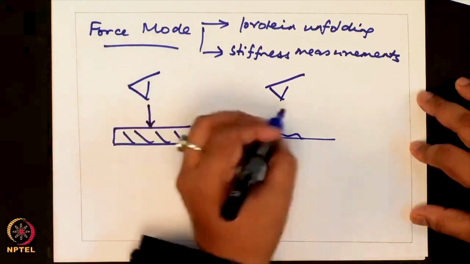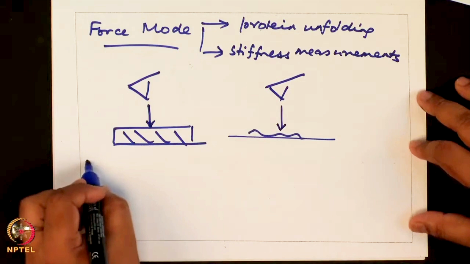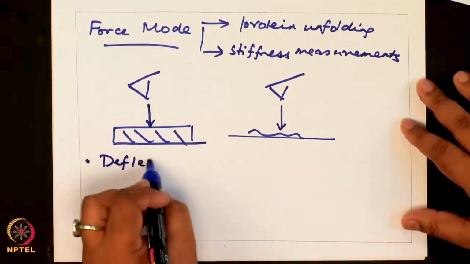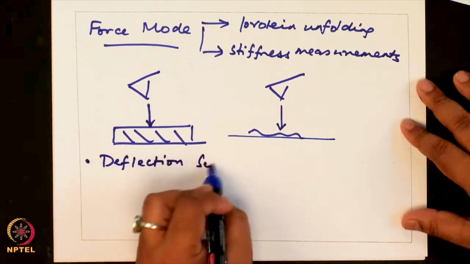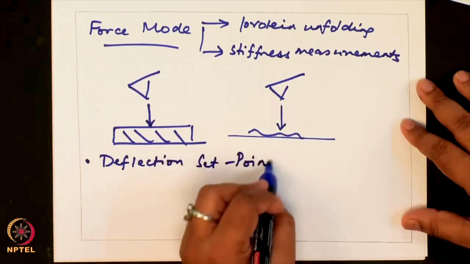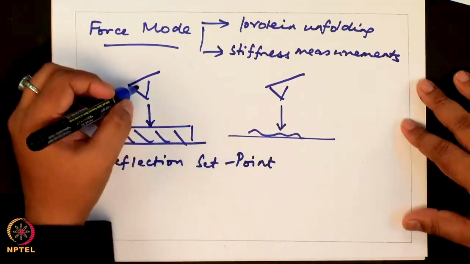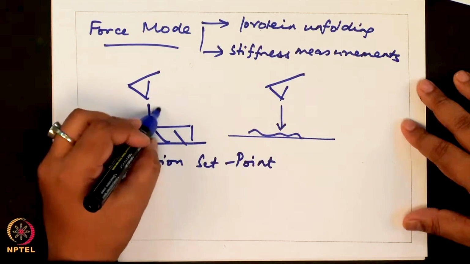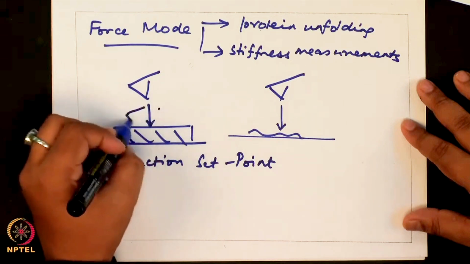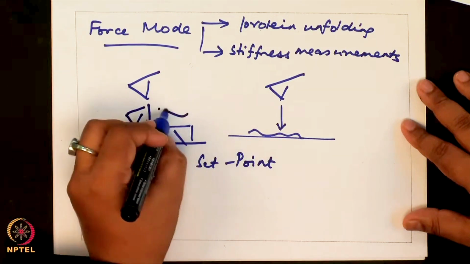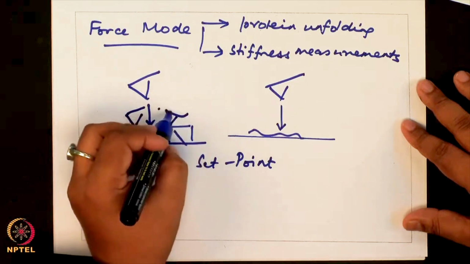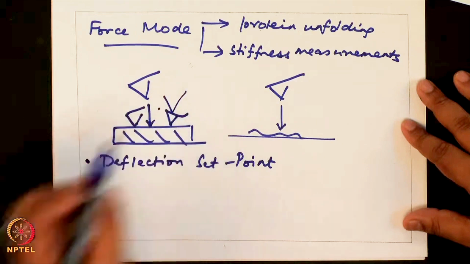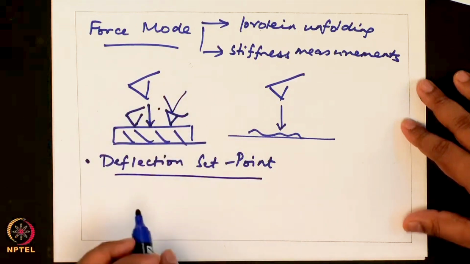So, when you are bringing it down, what you control is again the deflection set point. So, deflection set point is the maximum amount of deflection of the tip. Okay. So, as the tip is coming down, imagine once the tip hits the surface, if it tries to go down more, if the sample is stiff, the tip will get deflected, okay, and it is this deflection that you are tracking. Okay. So, you set a deflection set point.